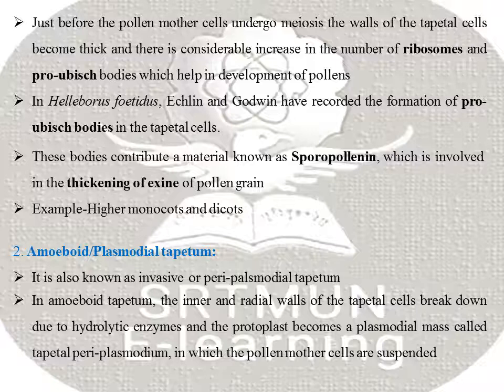Amoeboid or periplasmodial tapetum. It is also known as invasive or periplasmodial tapetum. In amoeboid tapetum, the inner and radial walls of the tapetal cells break down due to hydrolytic enzymes and the protoplast becomes a plasmodial mass called tapetal periplasmodium, in which the pollen mother cells are suspended.